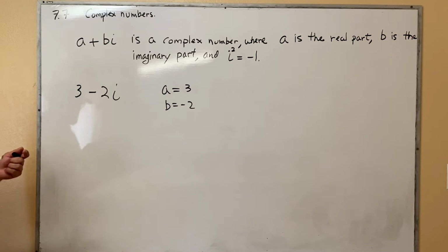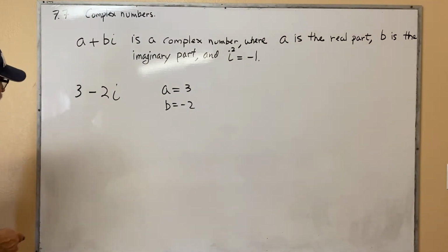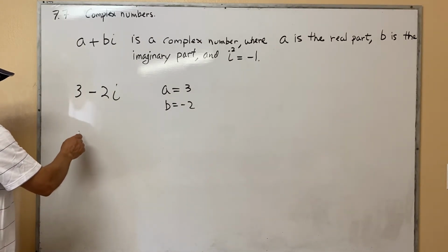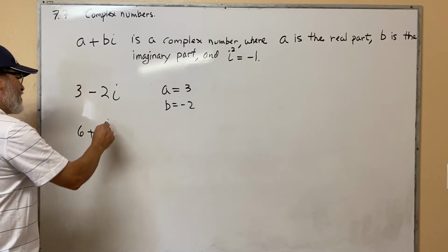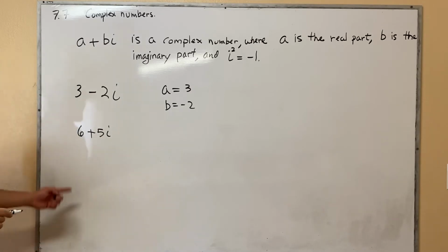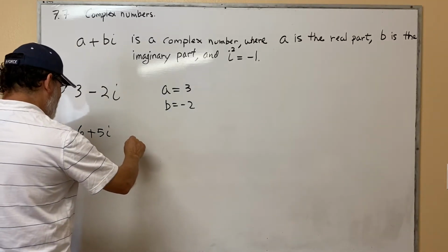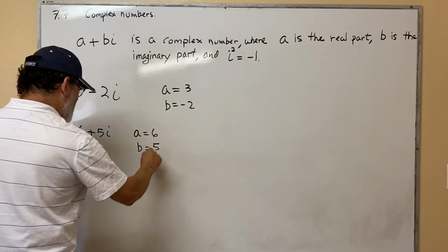And don't forget, i squared equals -1. So that's the first one. Here's another one. 6 plus 5i. What is A? For this one, A equals 6, B equals 5.